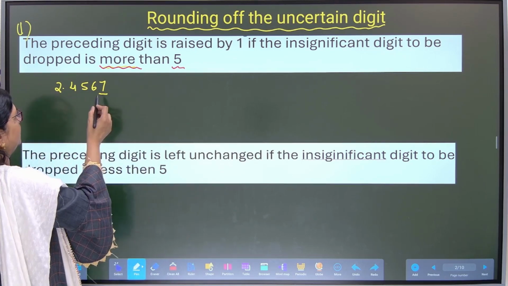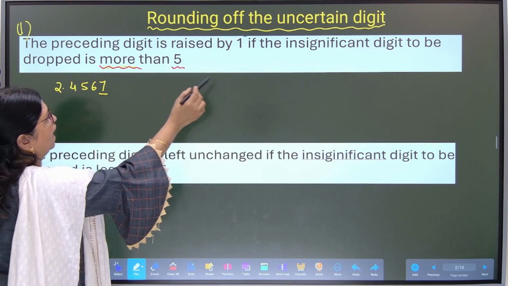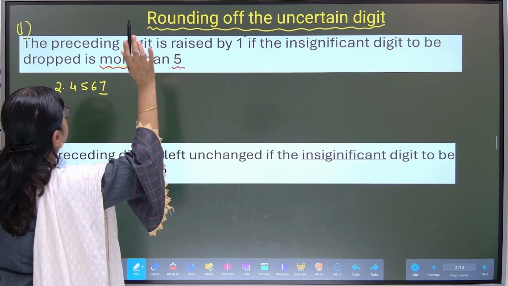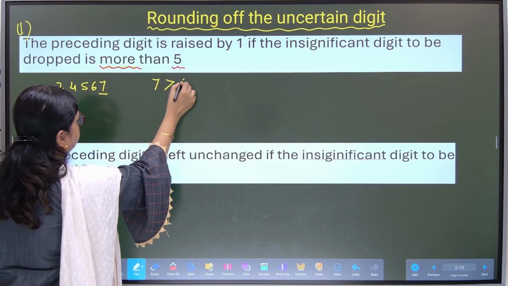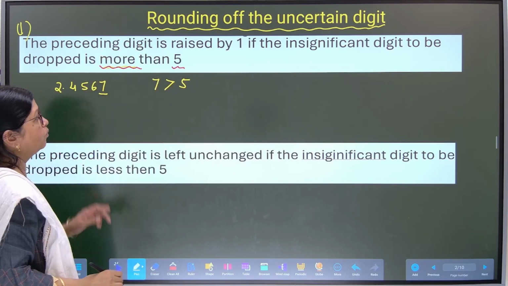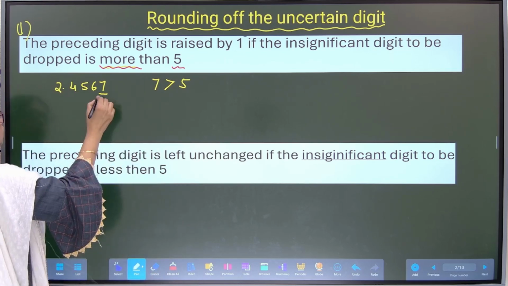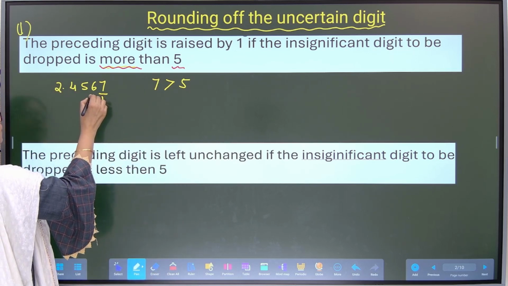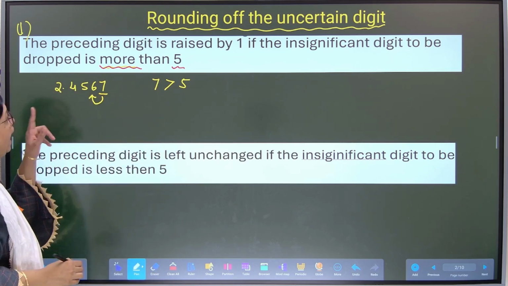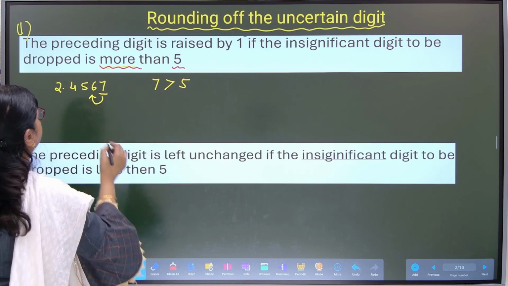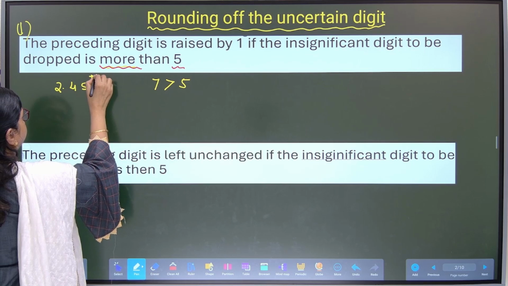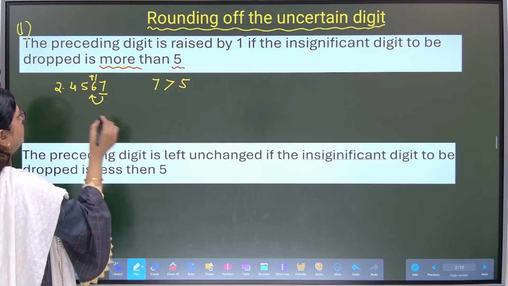This digit 7, which is underlined and is the insignificant digit to be dropped, is greater than 5. So what should we do? We should go to the preceding number which is 6, and the preceding number 6 should be added by 1.